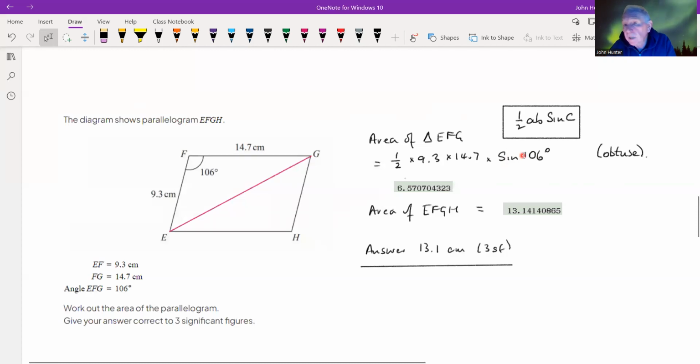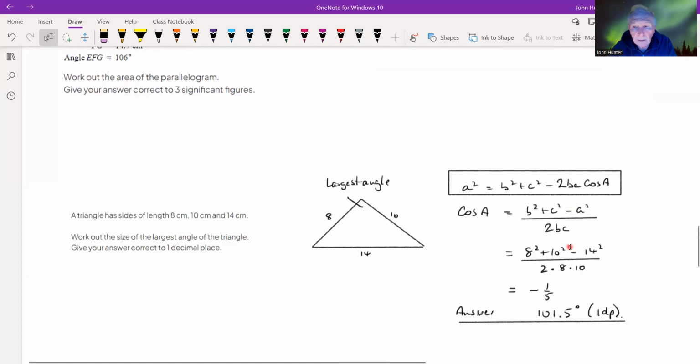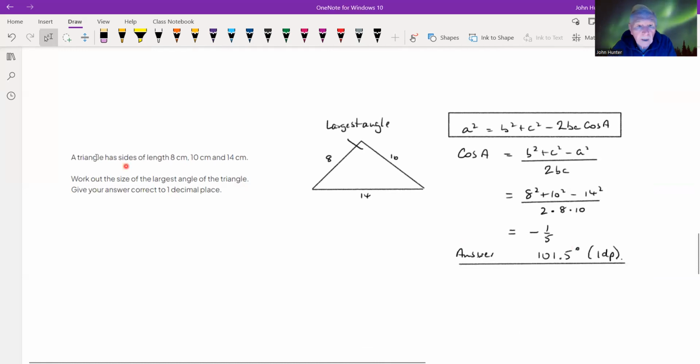If you put sine 106 in your calculator, you will get the correct answer, and that comes out to this figure here, 6.57, etc. We double that, and get the answer, this being the area of the whole parallelogram. Okay, so that's another application of that one.